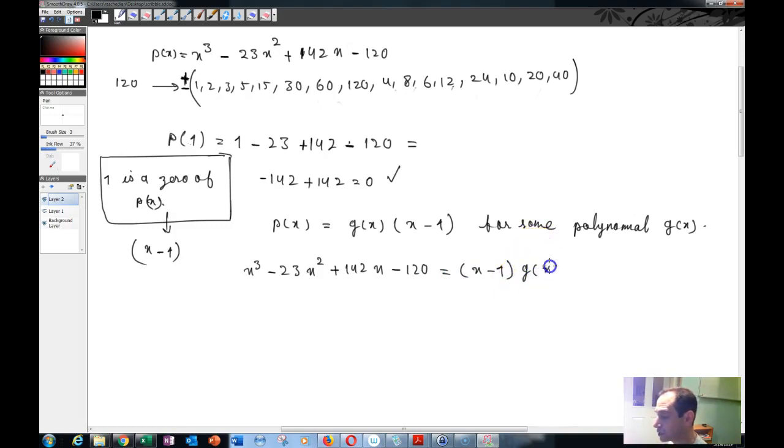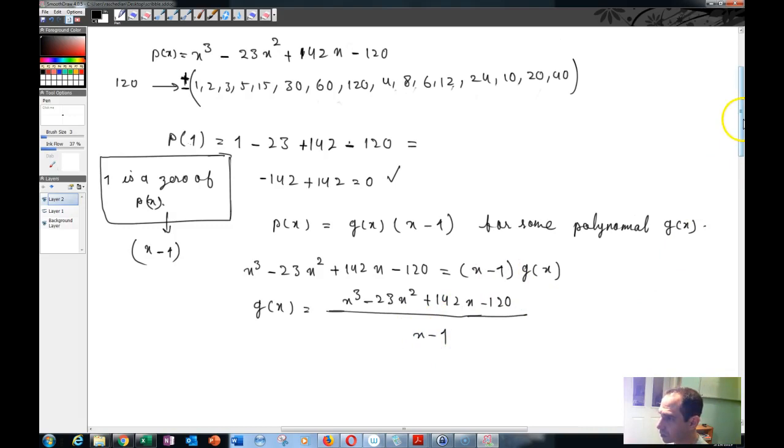So g of x is the same thing as x cubed minus 23x squared plus 142x minus 120 divided by x minus 1.